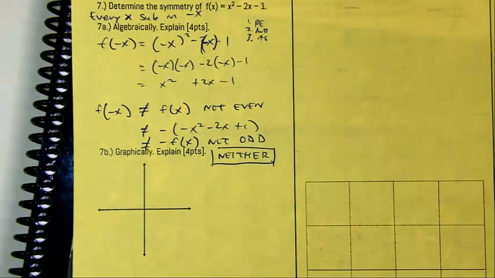Okay, how do you do that graphically? You just graph it. It's quadratic. Shift it down 1 unit.